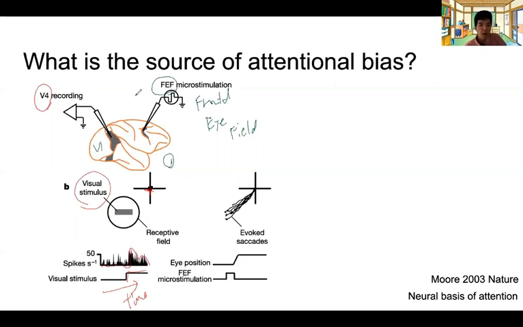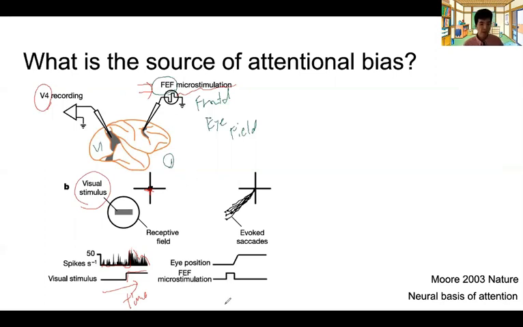On the other hand, in FEF, frontal eye field, they put electrodes for microstimulation. FEF is known to generate eye movements, especially when the stimulation magnitude is strong.